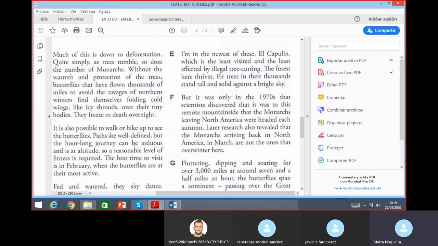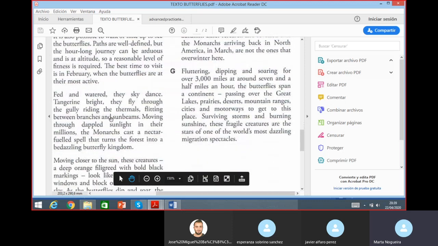But it was only in the 1970s that scientists discovered that it was to this remote mountainside that the monarchs living in North America were headed each autumn. Later research also revealed that the monarchs arriving back in North America in March are not the ones that overwinter here. Overwinter era pasar el invierno. We have seen it.